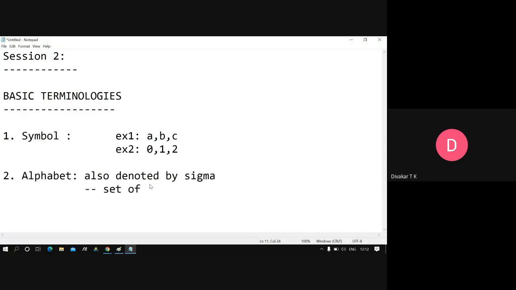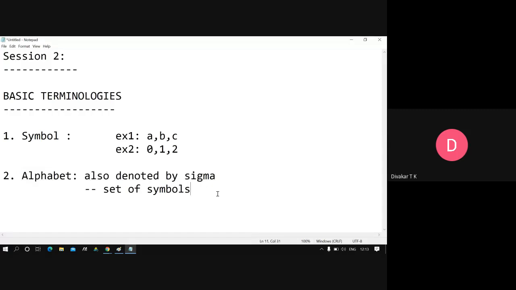Do you remember? We already know what symbols are. Set of symbols means, for example, A is a symbol, B is a symbol, C is a symbol. If I include A, B, C in a set, that is nothing but an alphabet here.